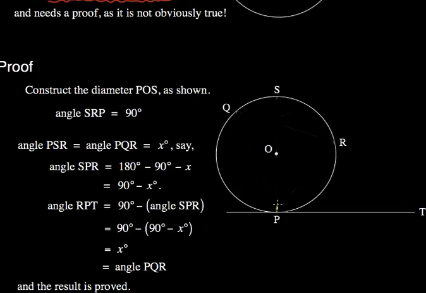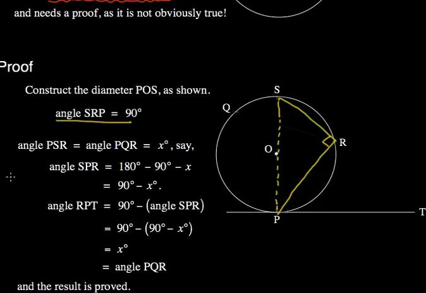So I'm going to draw the line POS, and because it goes through the centre, this is called a diameter. It means that if I were to draw any sort of triangle subtending from this, let's say it goes to R, we know from another circle theorem that we talked about before that this must be a right angle, and that's what it says here. Angle SRP is 90 degrees.